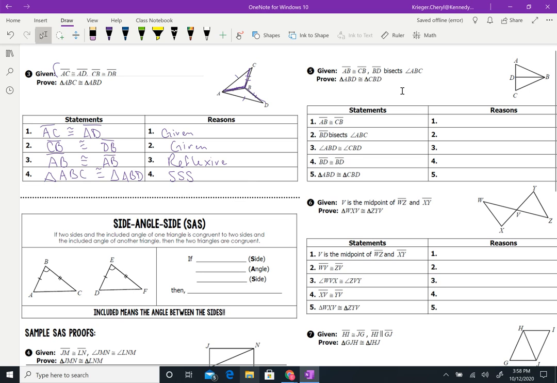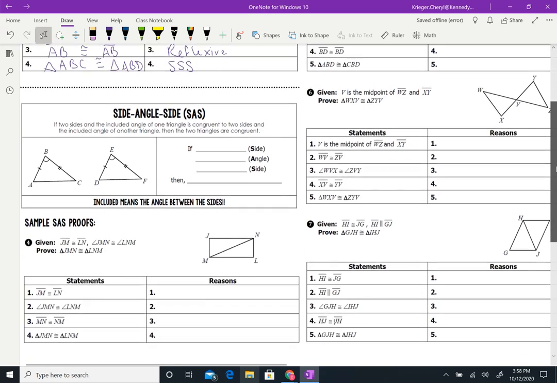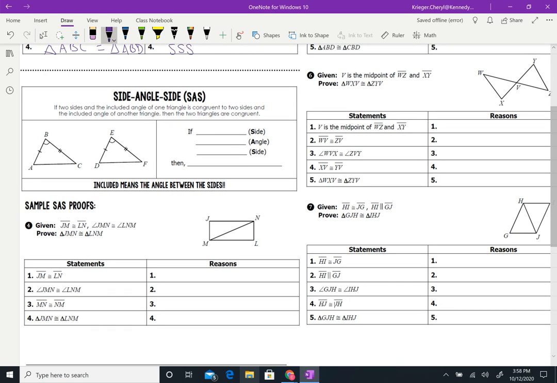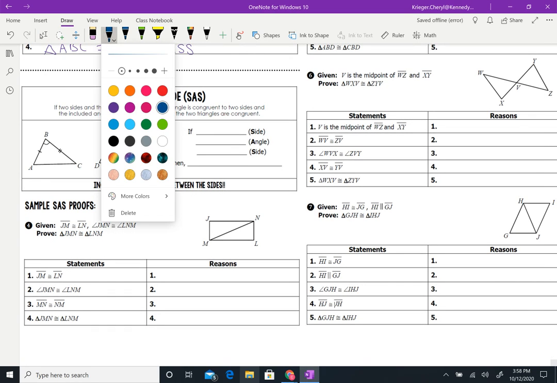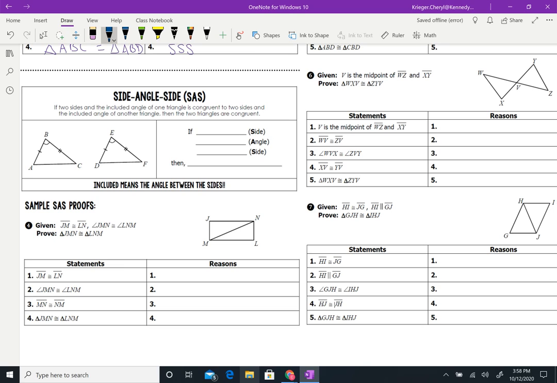Okay, are you getting tired of purple? Let's change the color. I guess it's kind of unnecessary, but fun because I can. Okay, so if two sides and the included angle of one triangle are congruent to two sides and the included angle of another triangle, then the two triangles are congruent.